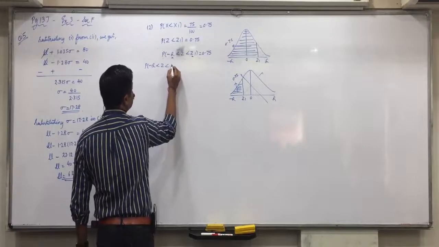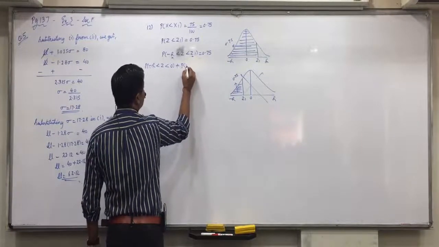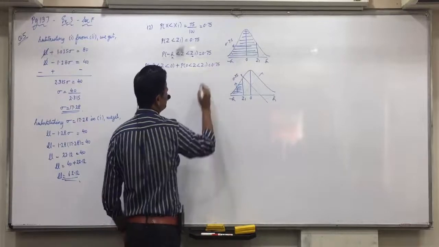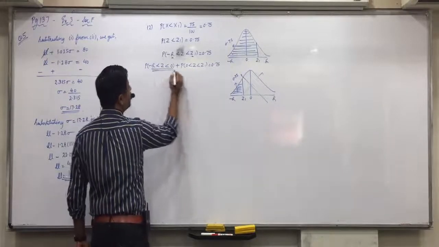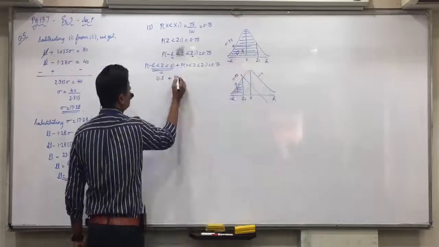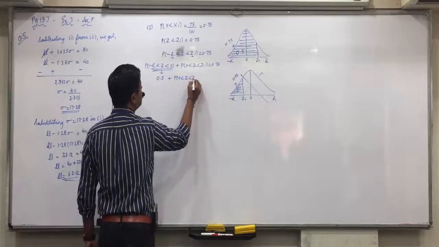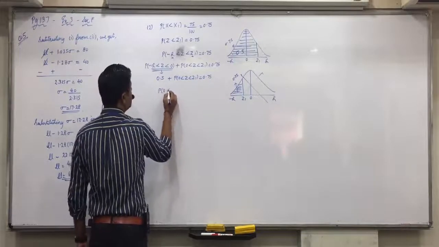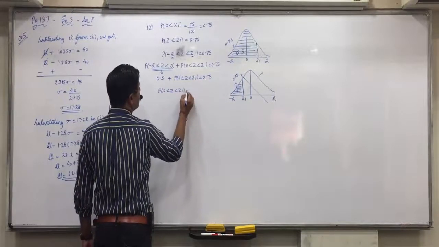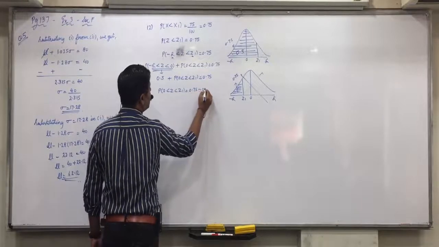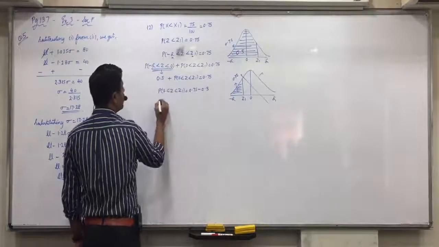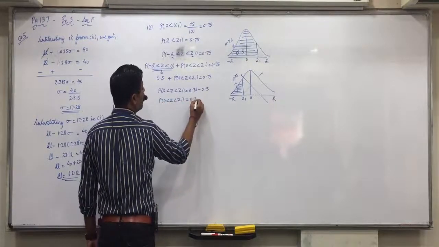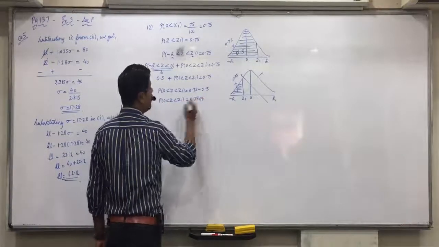Minus infinity less than Z less than 0 plus 0 less than Z less than Z1 is 0.75. Minus infinity to 0 we know is 0.5 plus P 0 less than Z less than Z1 is 0.75. So P 0 less than Z less than Z1, 0.5 on the other side will become minus. So P 0 less than Z less than Z1 is 0.25, means 0.2500.